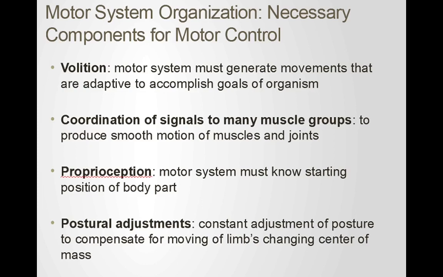Now, for the generation of movement, or for making a movement, there should be a smooth and coordinated form of movement. So it must be smoothened, it must be coordinated, then only it becomes a purposeful movement.